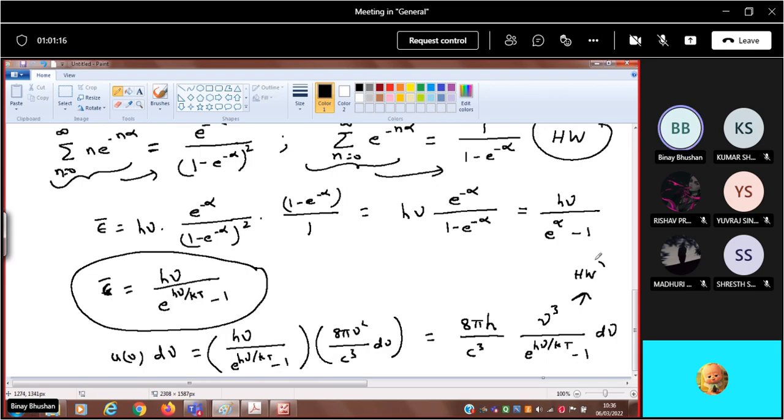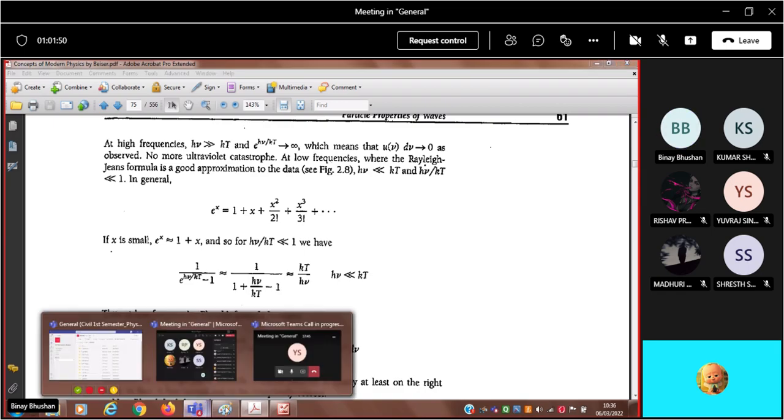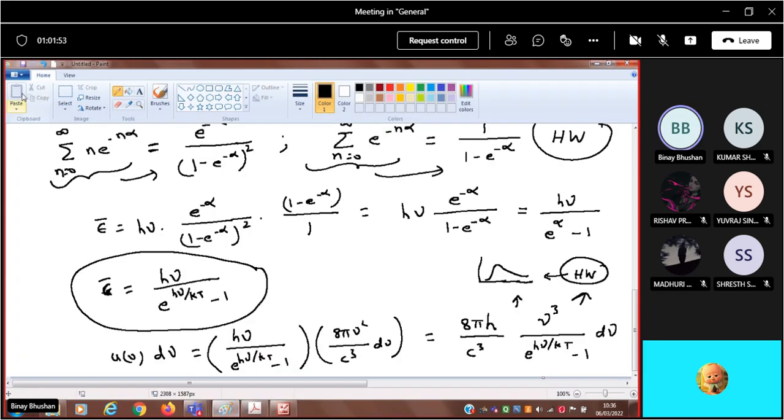You have to show that this formula, when simulated, will be this one. This I am leaving to all of you. If you have difficulty in understanding this, then you can refer to page 75 of this book. Fine?